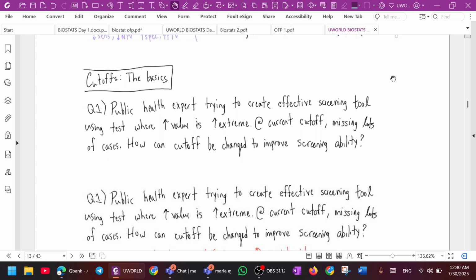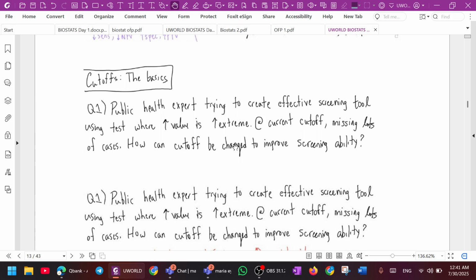Cutoff basics. A public health expert is trying to create an effective screening tool using a test where increased value is extreme. At current cutoffs, it's missing lots of cases.